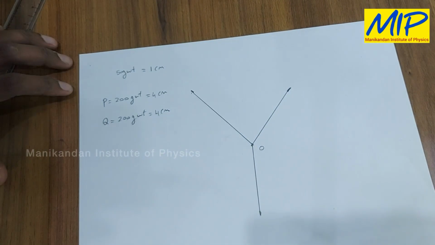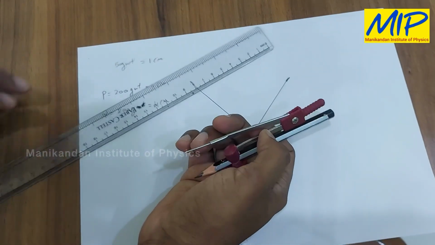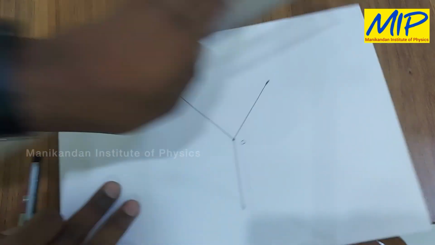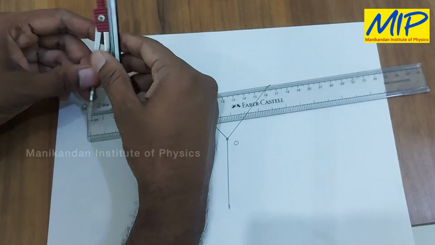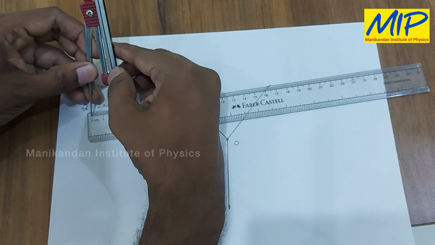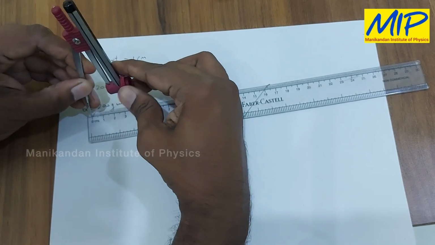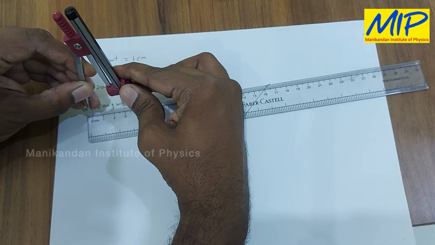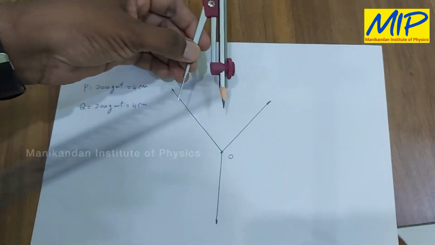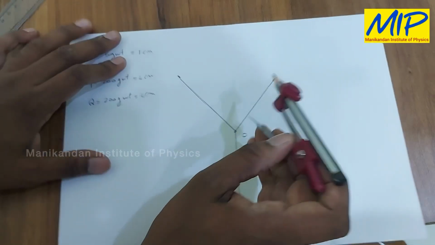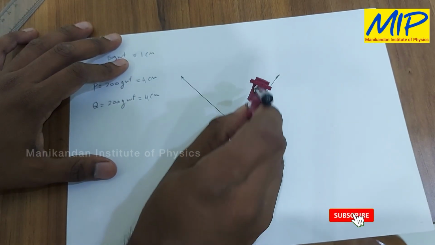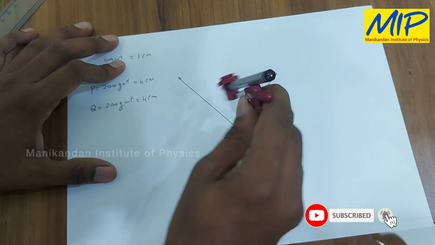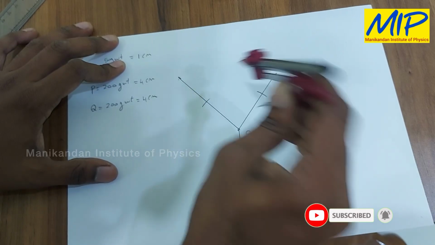So using this compass I am going to take 4 centimeters from here. Okay, this is my 4 centimeter. So from the center, I'm going to take the arc. This is a 4 centimeter, and this is again the 4 centimeter.